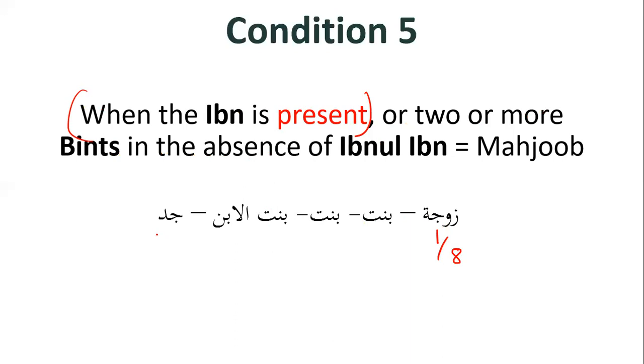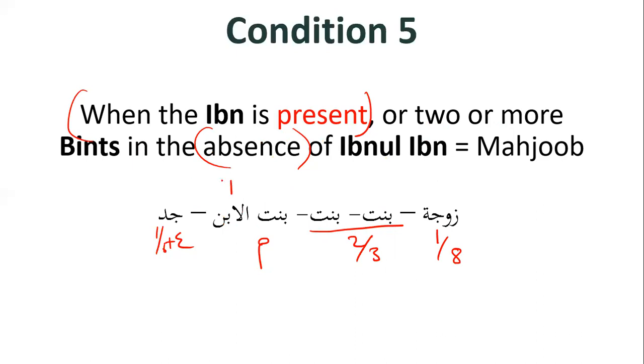The Jad will receive 1/6 plus Asaba. We know that the 2 bints will receive 2/3. Now, how many bints are there? There's 2 bints. So we said 2 or more bints in the absence of Ibnul Ibn. So is the Ibnul Ibn absent here? Yes. Therefore, the Bintul Ibn over here will be mahjub.